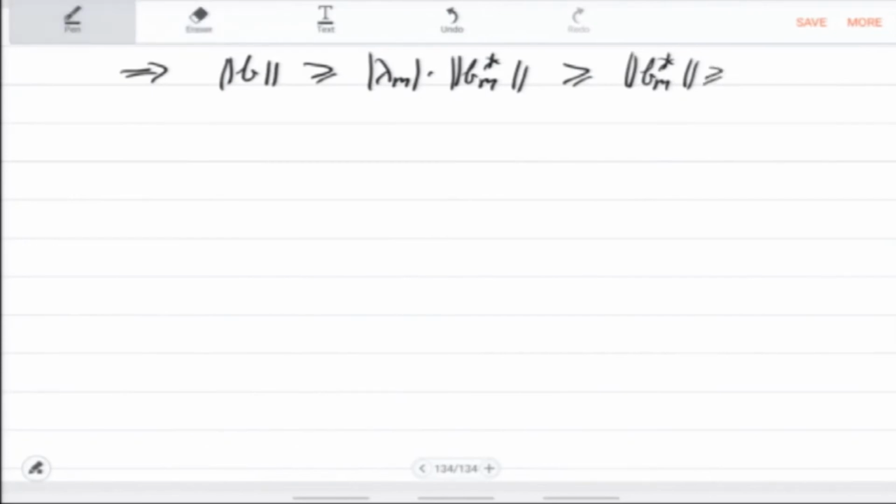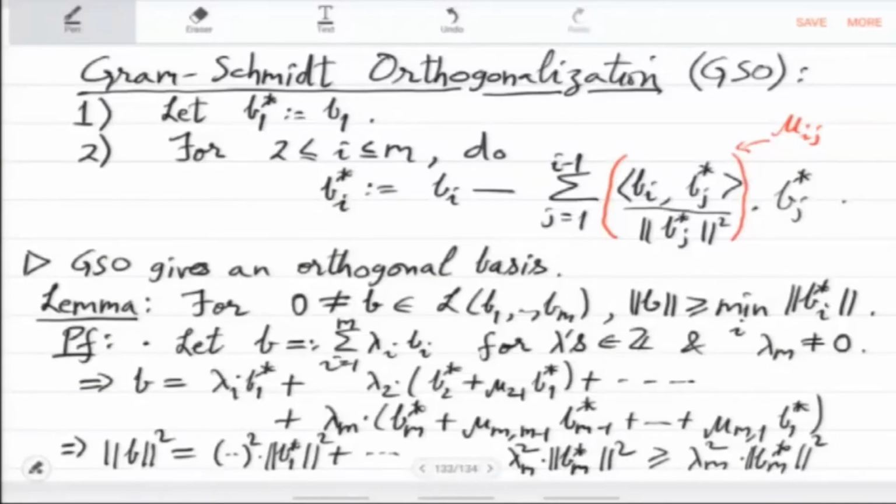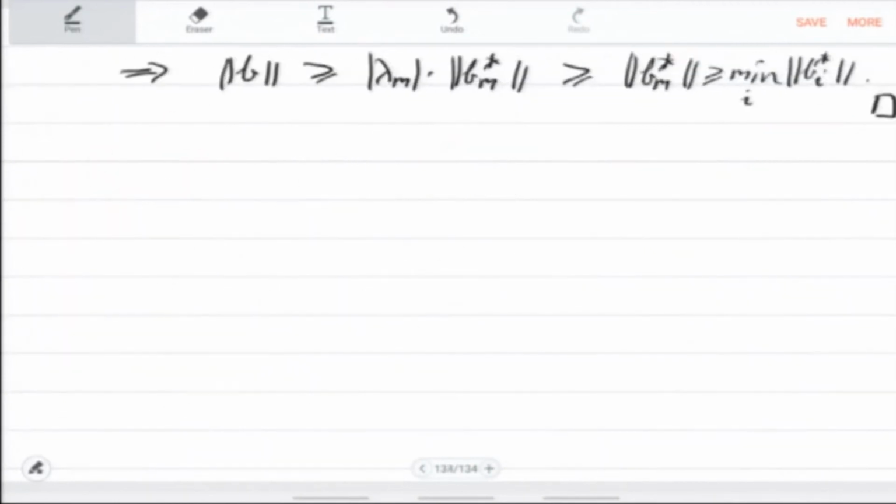So this is at least the min of Bi star, which is what we wanted to show. So this finishes the proof of the lemma, that min of Bi star is a lower bound on the shortest vector of the lattice.